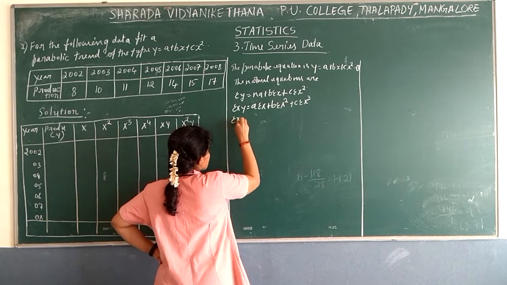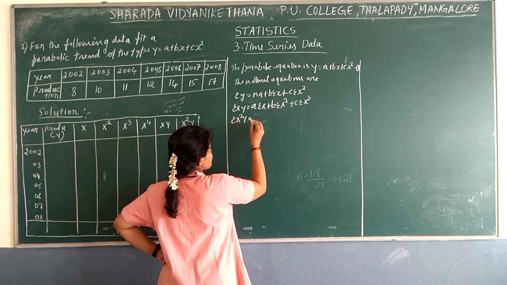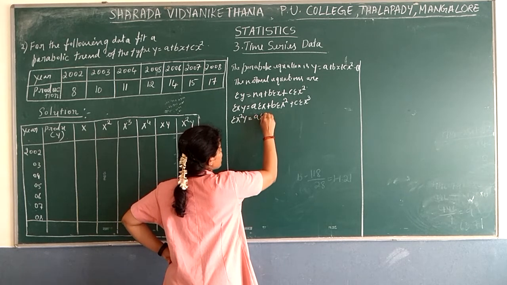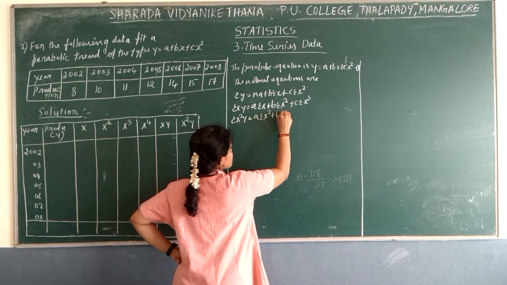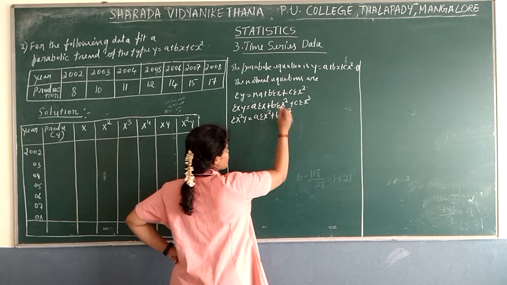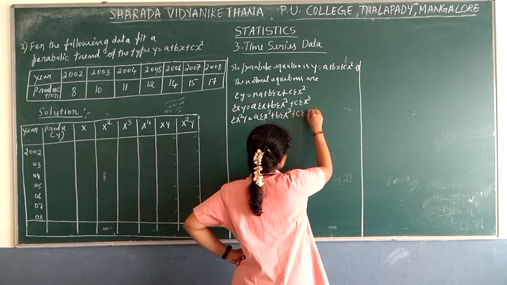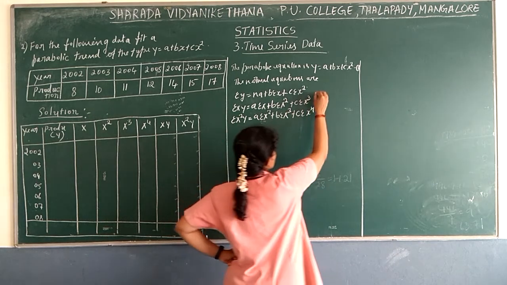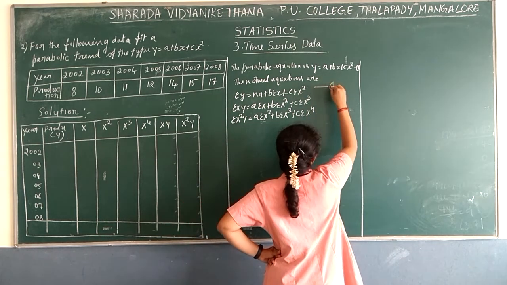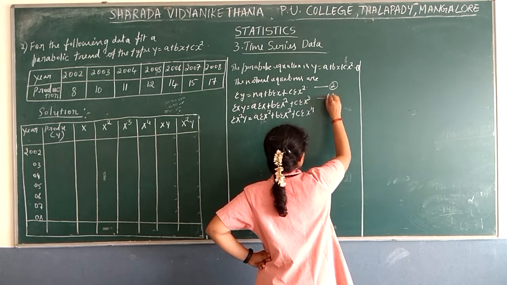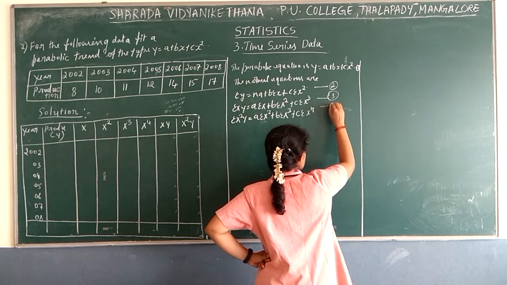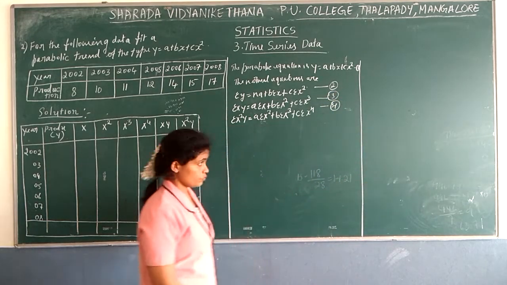Next, sigma x square y is equal to a sigma x square plus b sigma x to the power cube plus c sigma x to the power 4. So this is the second equation here, and this comes as third and this comes as fourth.